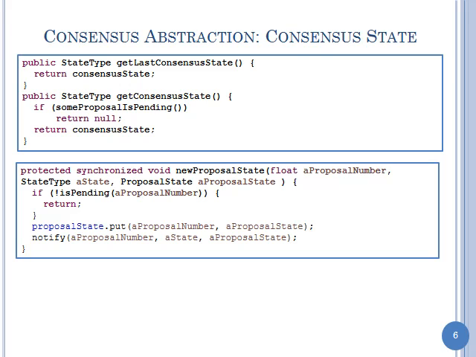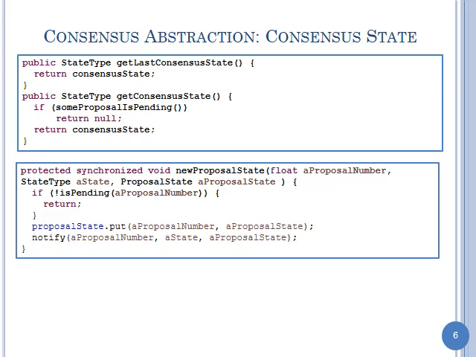And new proposal state. Whenever there's a new proposal, somewhere in the algorithm a method will be called that says, here's a new state for this proposal. So your consensus algorithm is responsible for calling that.